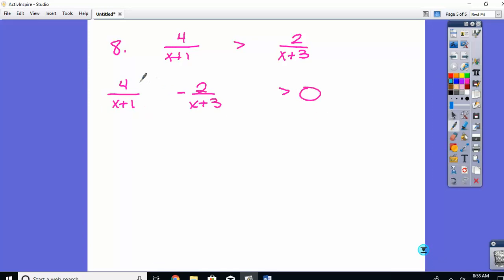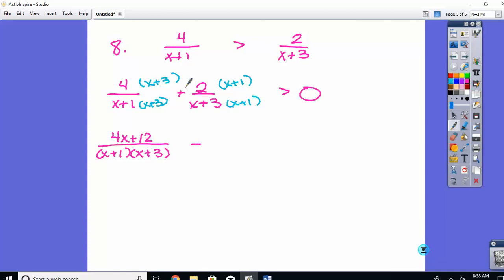What are you going to have to multiply the first one by? On top and bottom. And the second one needs x plus 1 on top and bottom. So if we do that, we get 4x plus 12 over x plus 1, x plus 3.